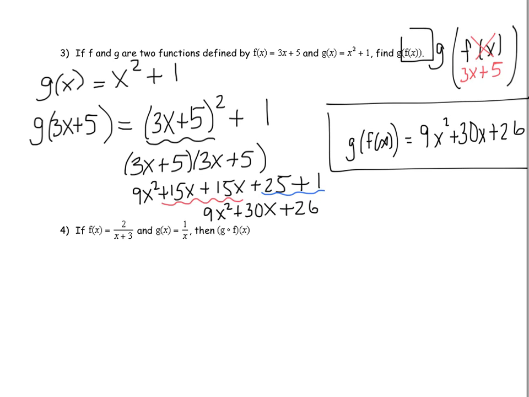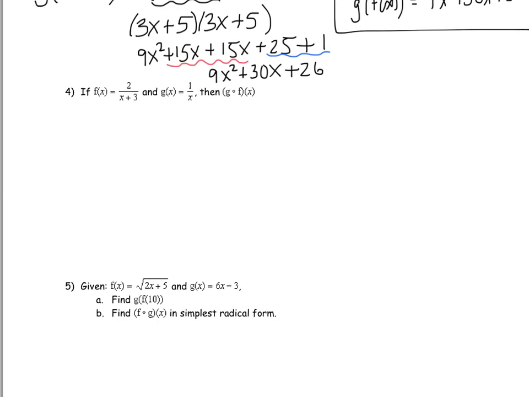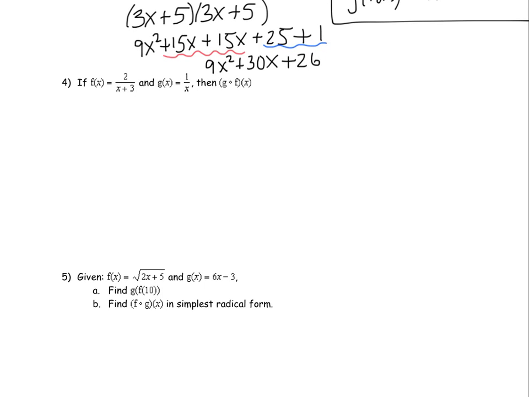Okay, number 4 is tricky because we've got some fractions. So again, the question is asking to find g of f of x. I'm going to rewrite it, exaggerating the parentheses, g of f of x. So they tell you that f of x equals this, 2 over x plus 3. So instead of f of x, I'm going to put what it's equal to, 2 over x plus 3.